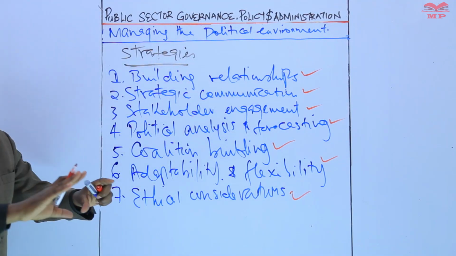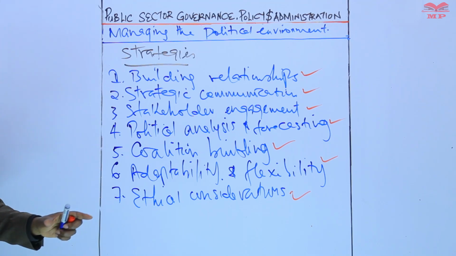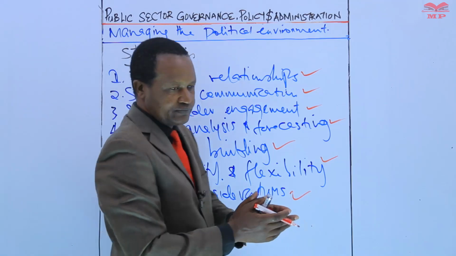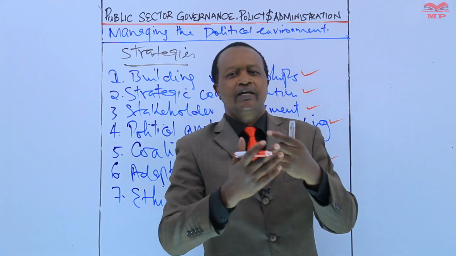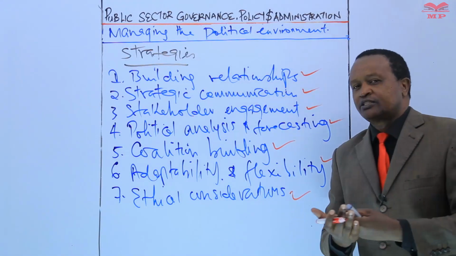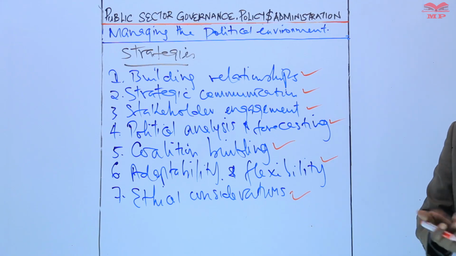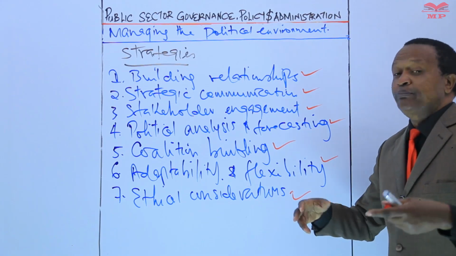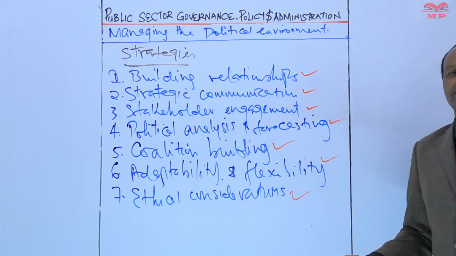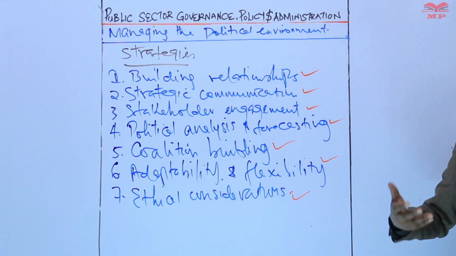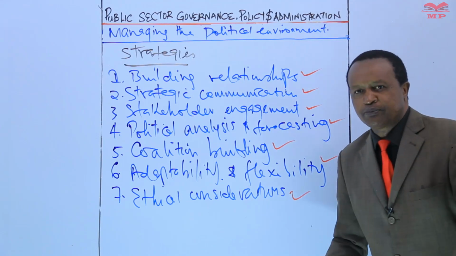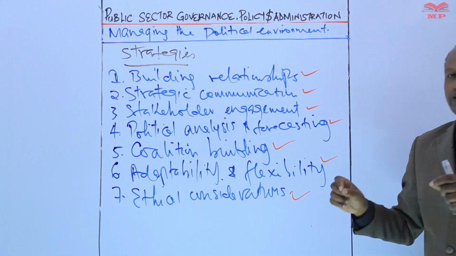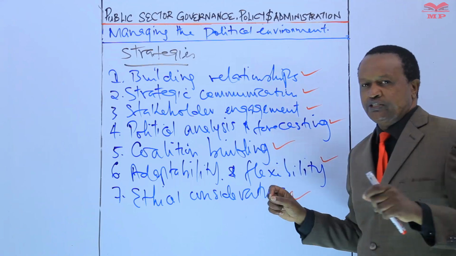And candidates, by implementing these strategies, public administrators can effectively navigate the political environment. They can build trust. They can build support for their policies, and they can achieve their organizational goals while upholding the public interest.